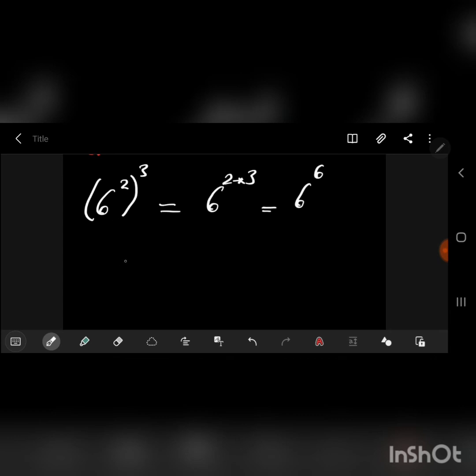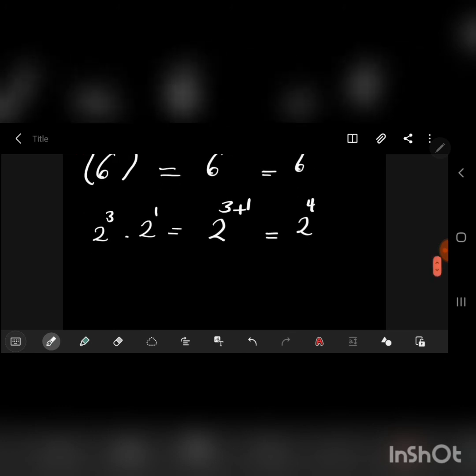Another example: 2 to the power 3 multiplied by 2 to the power 1. If I have the same bases multiplied, I take the sum of the powers. So 2 to the power 3 plus 1 equals 2 to the power 4.